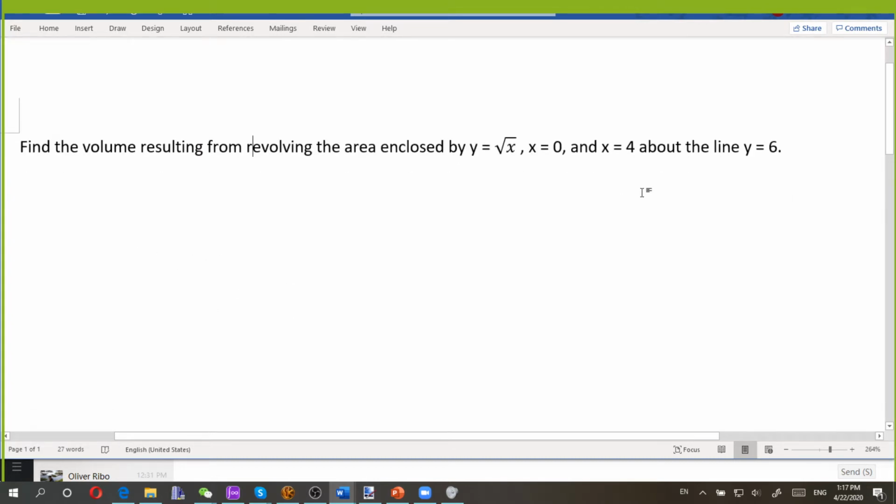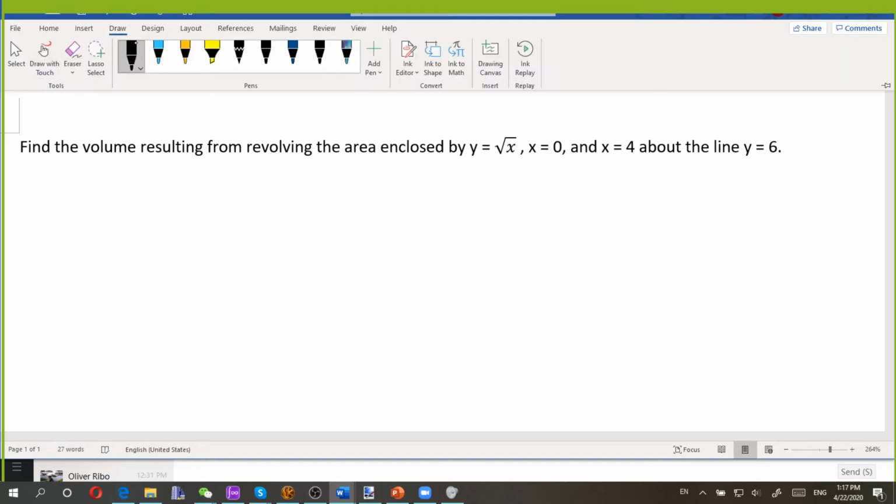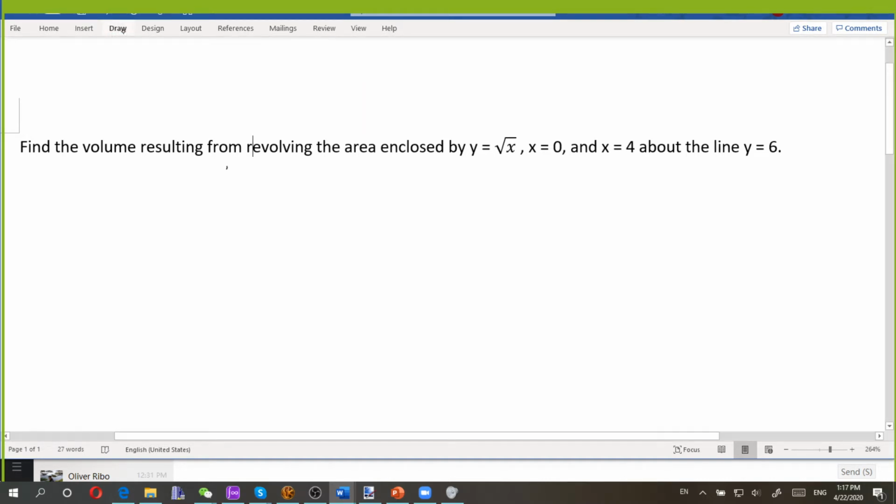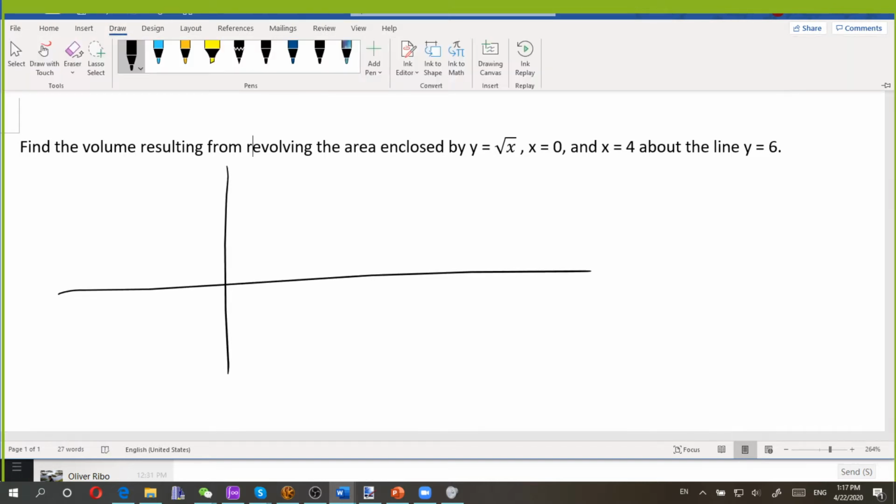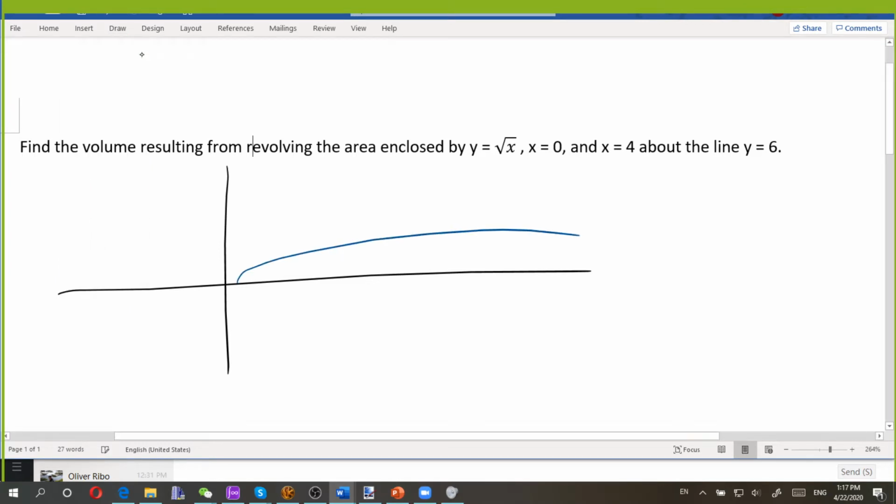Okay, so I'm going to draw this out. It's going to look something like this. I've got our function, which I'll do here in blue, which is y equals the square root of x.